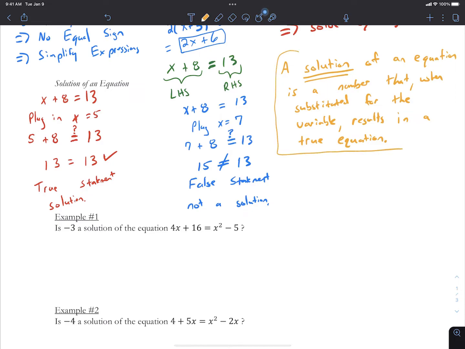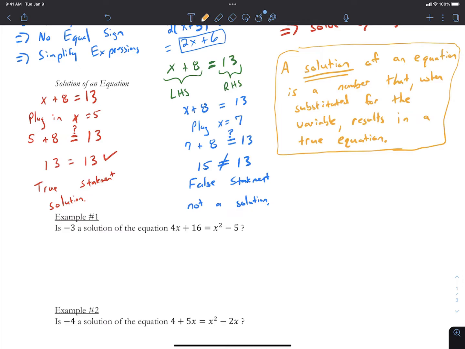Right, so that's what a solution is. In other words, the solution is a value where if I plug it in the equation, then I get a true statement, something that is true.